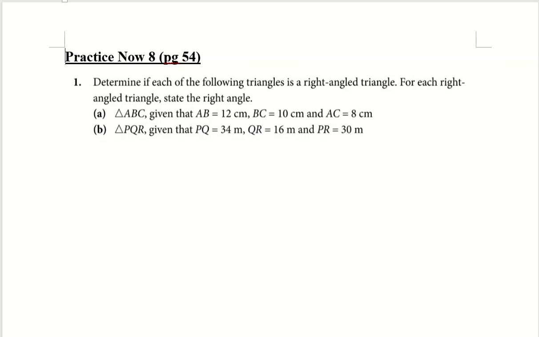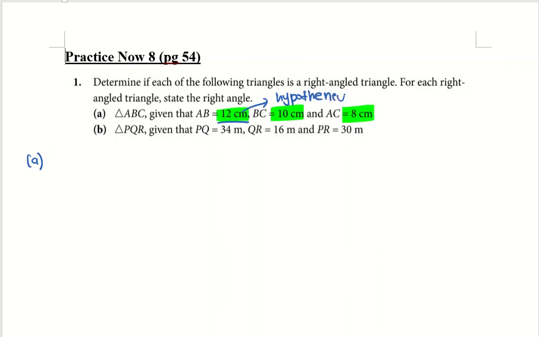Taking a look at part A, we look at the three lengths in this triangle, which are 12, 10, and 8. Previously, we have learned in this chapter that out of all three lengths in a triangle, the longest length, if there is a 90 degree angle, has to be the hypotenuse.